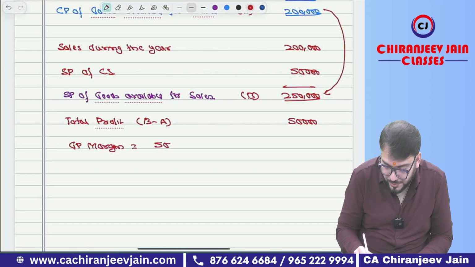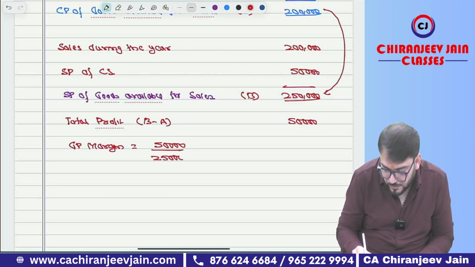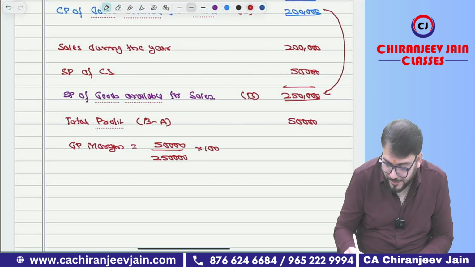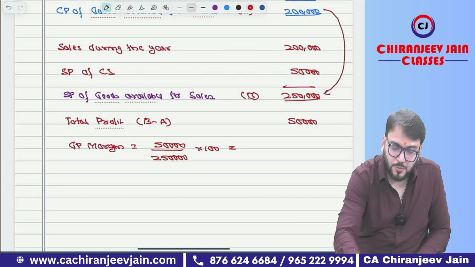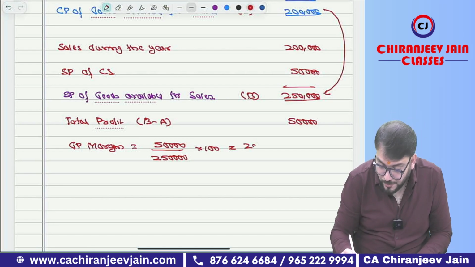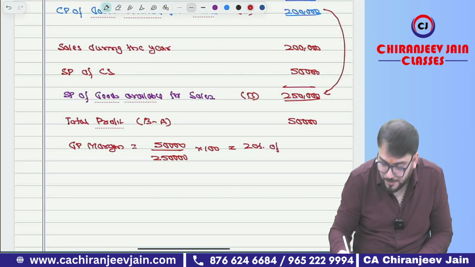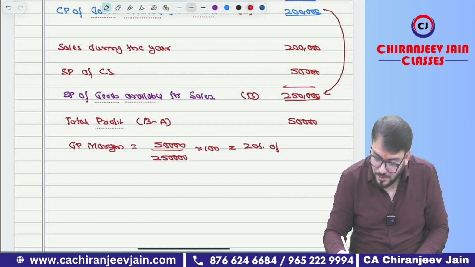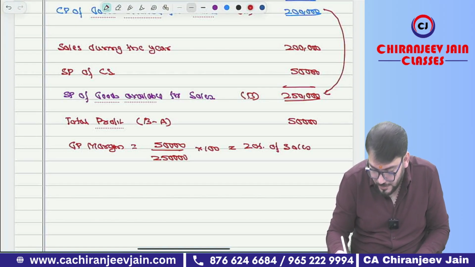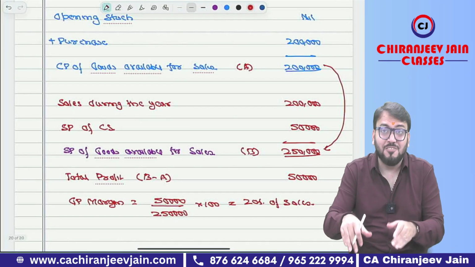We'll say 50,000 divided by 2,50,000 into 100. If you do 50 divided by 250, that is 20% of sales. Why sales? Because we have divided by 2,50,000. Therefore, it is in terms of sales. So in this way, you have calculated GP margin.